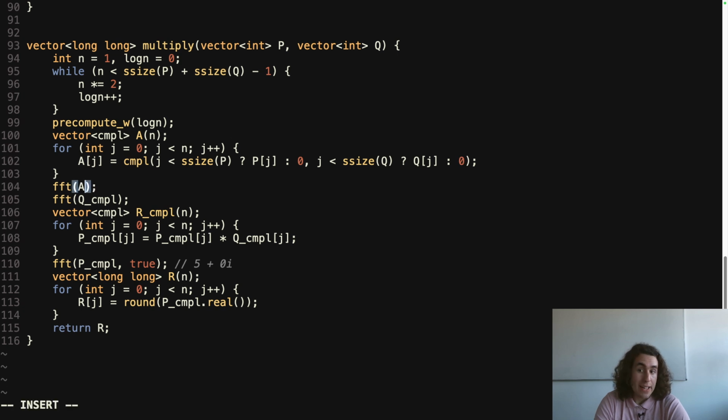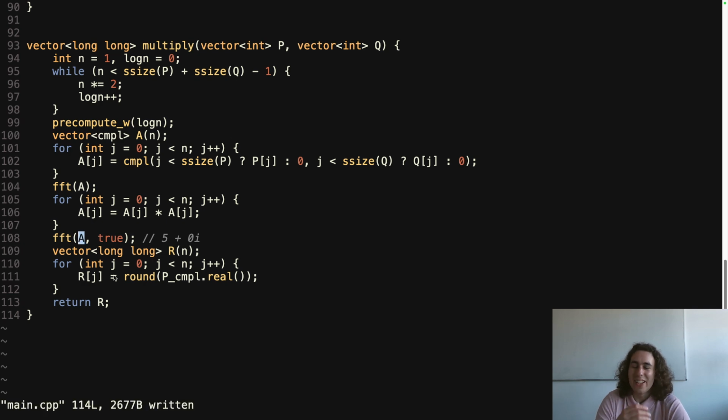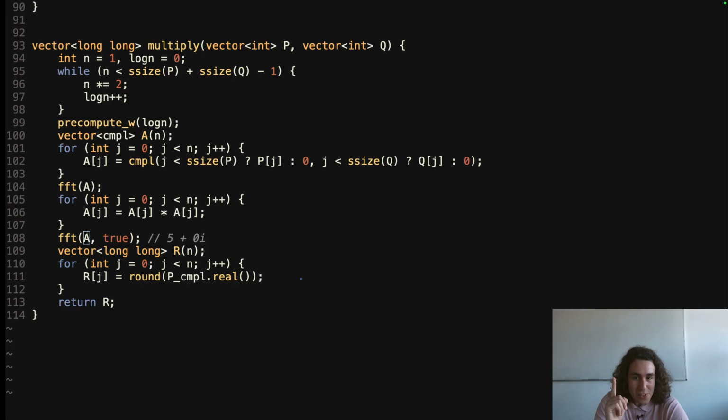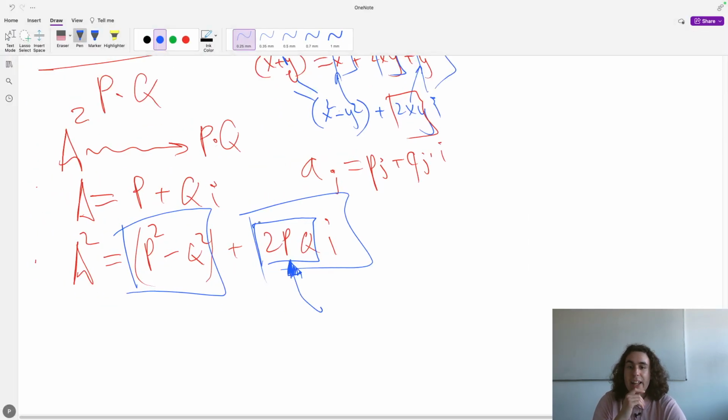Then I just make the FFT of A. I multiply A by A, I square A, and I get back my A. And now I need to take not the real parts, but the imaginary parts, and divide them by 2. And now they're going to be the coefficients of P times Q.